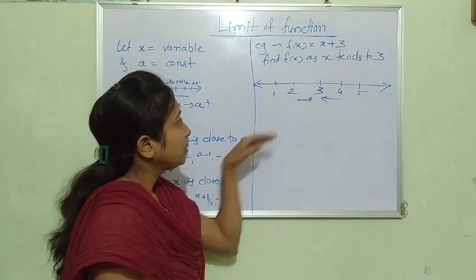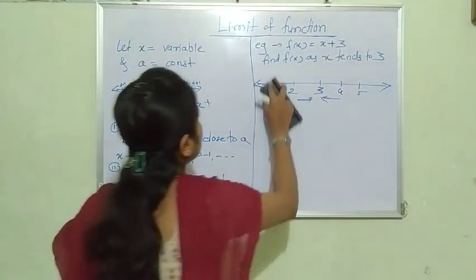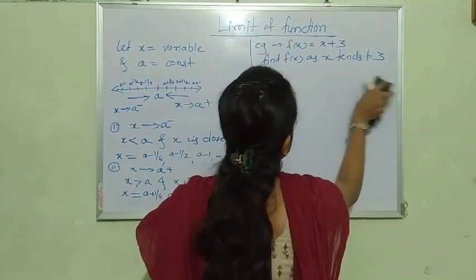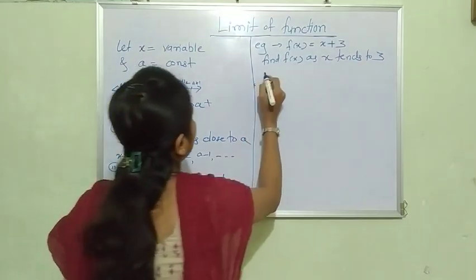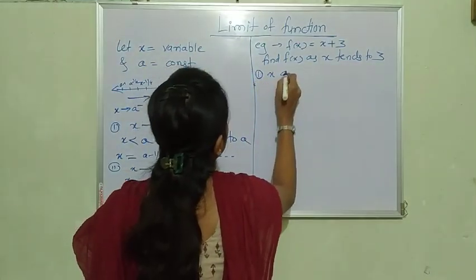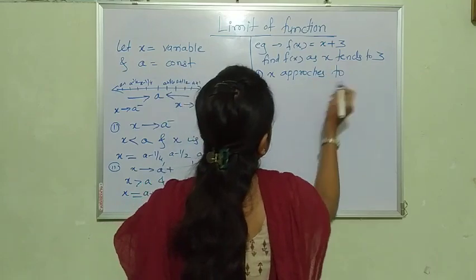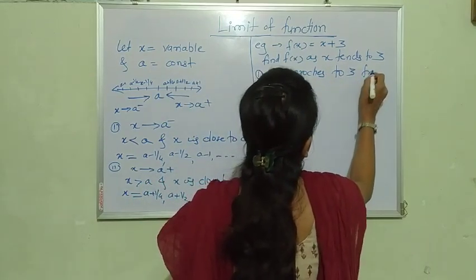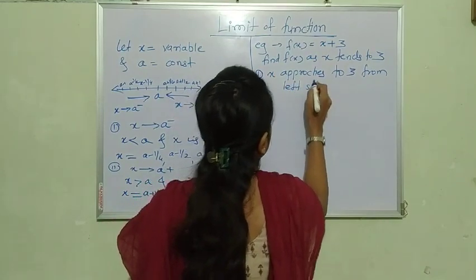Now let us prepare a table which represents the values of x from the left side as well as the values of x from the right side. The first table represents x approaches, or x tends to 3, from the left side. Columns x and f of x.